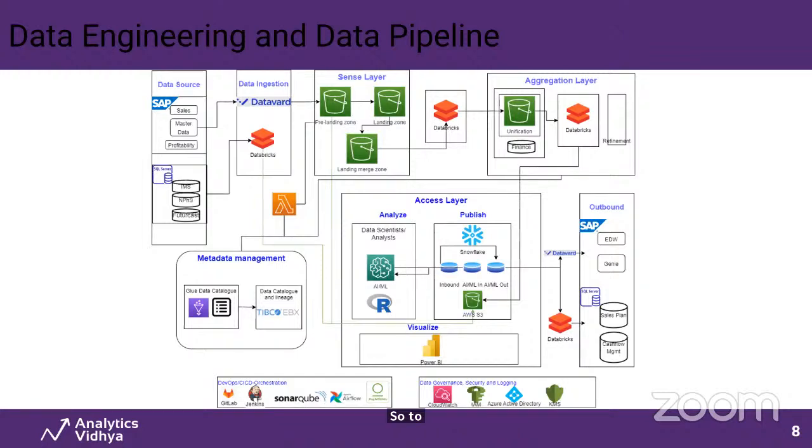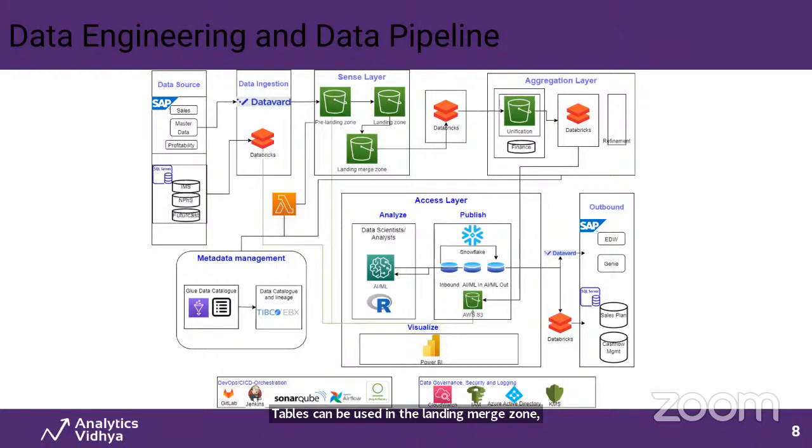So to make this better, Apache came up with Delta Lake. Delta Lake is nothing but something that enables you to have ACID transactions on top of a Parquet file. The Delta tables can be used in the landing merge zone.